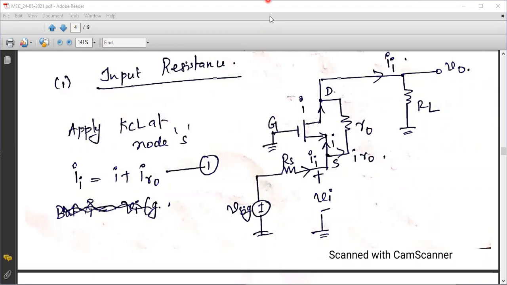Can anybody tell me the expression for IR0? IR0 is the current flowing through R0. So what will be the potential at source and what will be the potential at drain? So the difference you can compute divided by the resistance. So what is the potential difference?